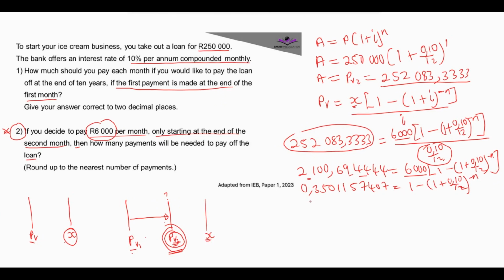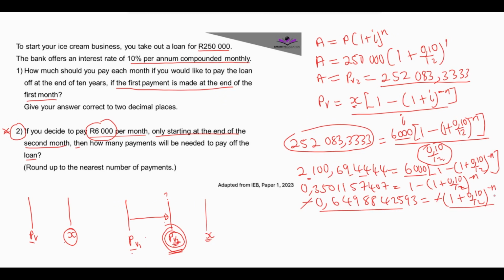We get negative 0.6498842593 is equal to negative (1 plus 0.10 over 12) to the power negative n. Then negative and negative cancel each other out, and we remain with positives.